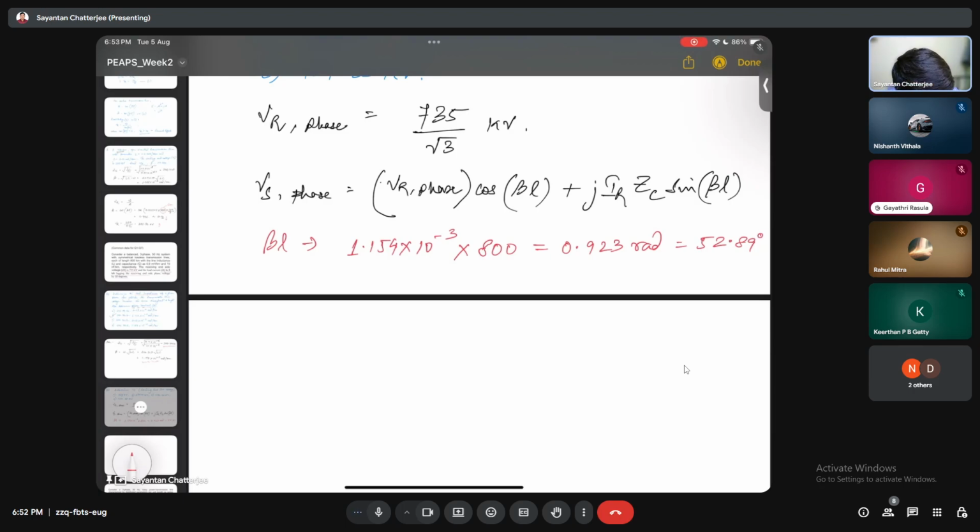Is it okay? So beta L we have calculated. Now we can directly put in the values.